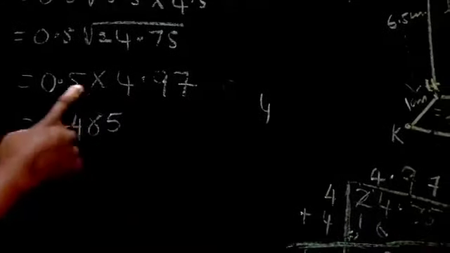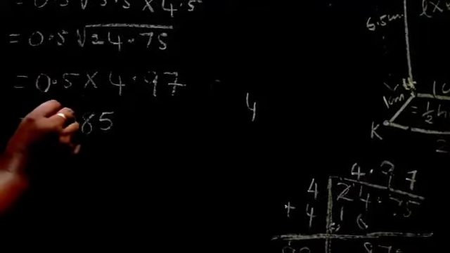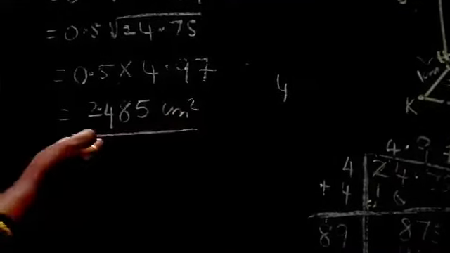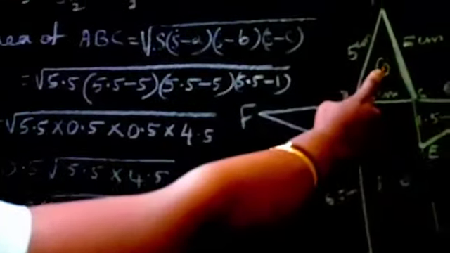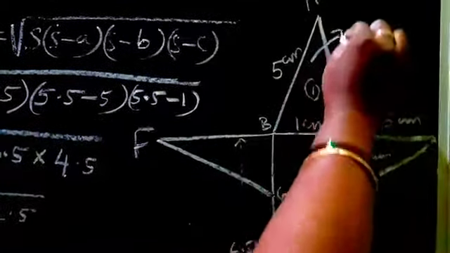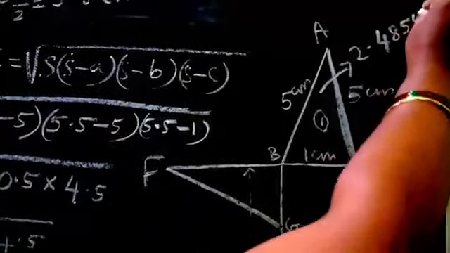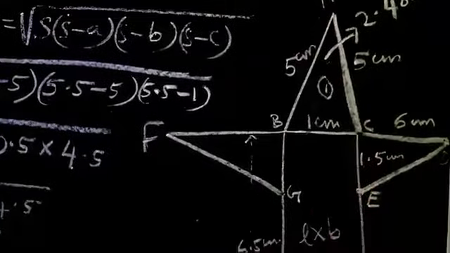Here 1, 2, 3 digits before, we should keep the point. 1, 2, 3 digits before, we must keep the point here. All are in centimeter as they given. So centimeter square is our answer only for the area of ABC. Now the area of triangle ABC is 2.485 centimeter square.